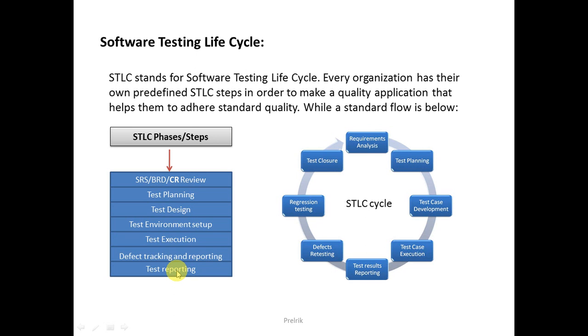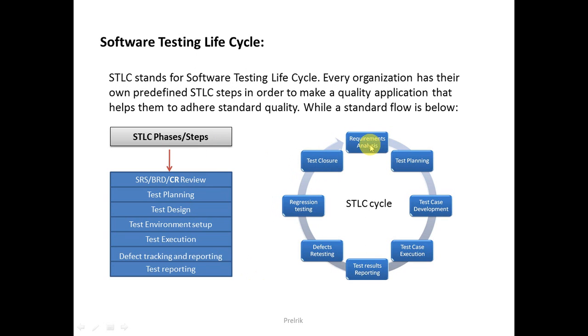It will contain how many bugs you raised, how many test cases you wrote, how many of them passed, and reasons for no runs, such as blockers. These are some things mentioned in test reporting documents, and this is the last document supplied as part of the STLC phase.